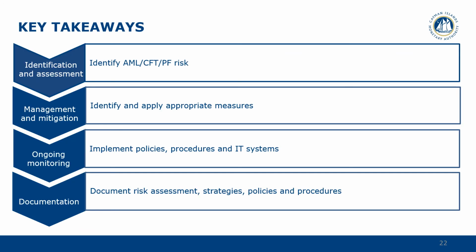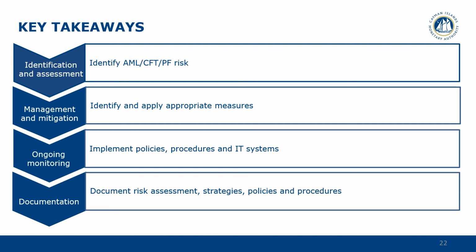So financial services providers can use these takeaways as part of their effective risk-based approach to management and mitigation of money laundering risk. And that has really 4 elements to it: identification and assessment of the risk, and that's where the findings of this risk assessment can be so useful. Then managing and mitigating those risks, so applying the appropriate measures required, and that may be through transaction screening, through your compliance programs, through education, and of course through appropriate and robust ongoing monitoring.